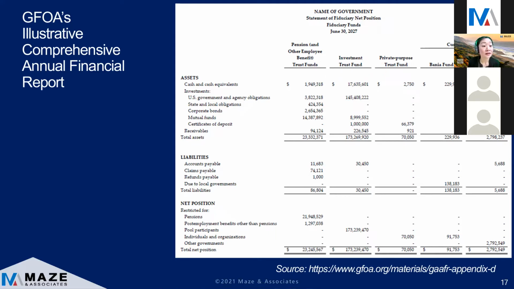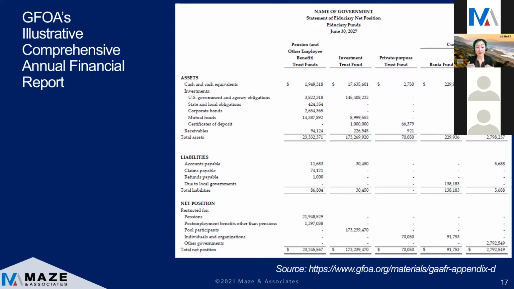Now, there is another external investment pool here. Why is that? Under GASB 84, let's say you do have an investment pool, but it doesn't fit the definition of a component unit under your current GASB codification. Then you may have these activities classified as a custodial fund.